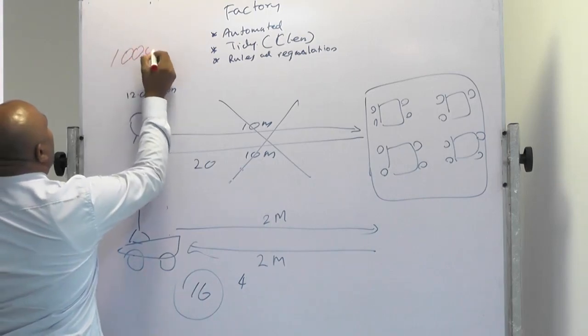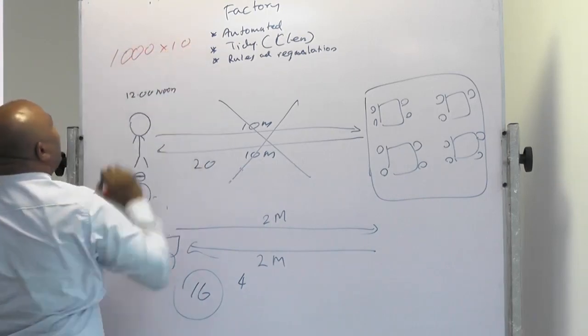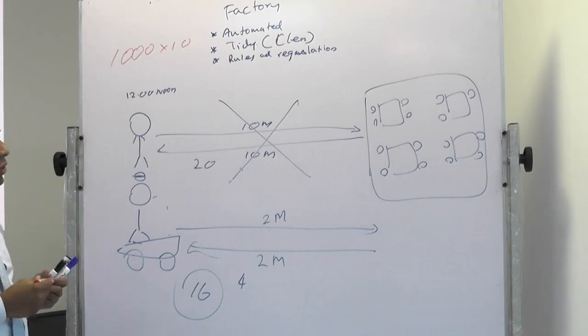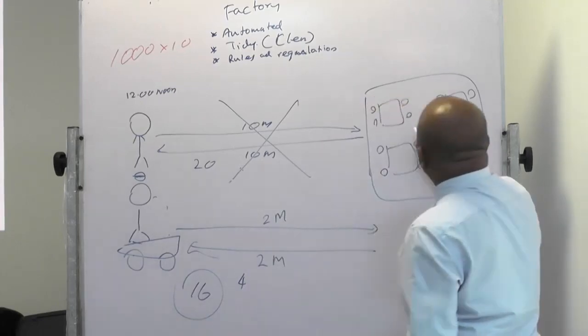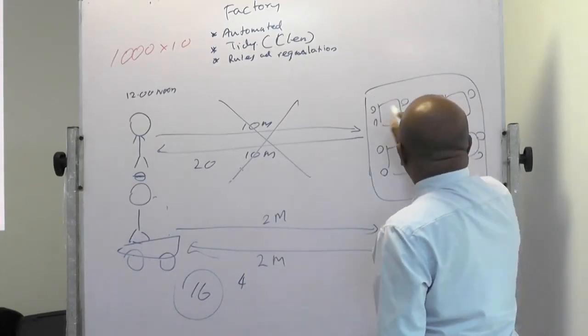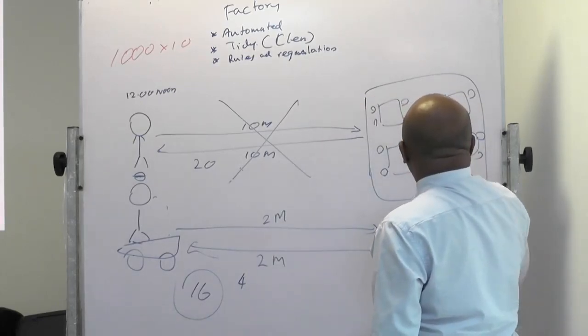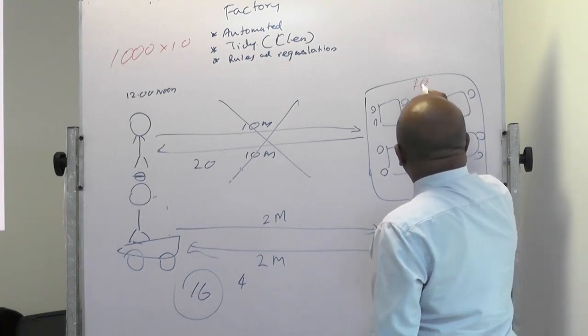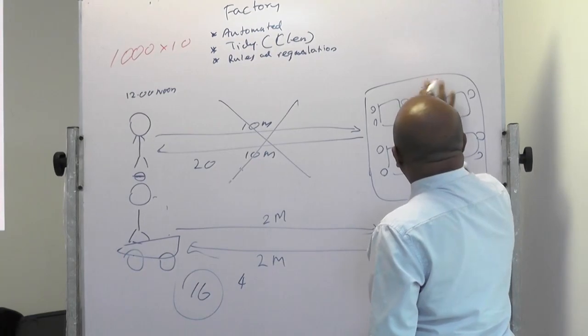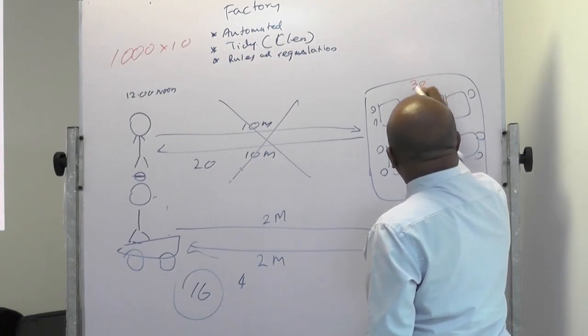1000 into 10, calculate and see. So, it is a waste. And likewise, let us say here only 20 people can, 16 people can occupy. Let us say that it can occupy 30 people.